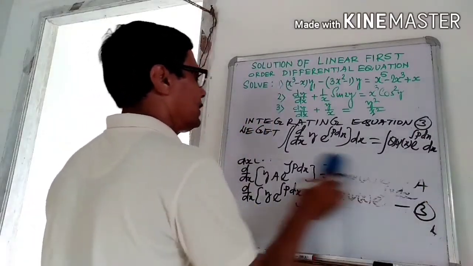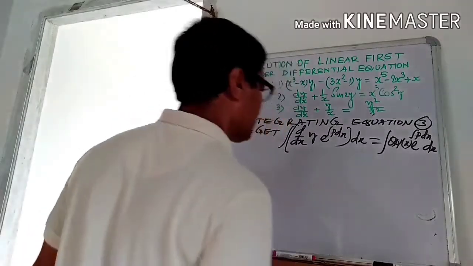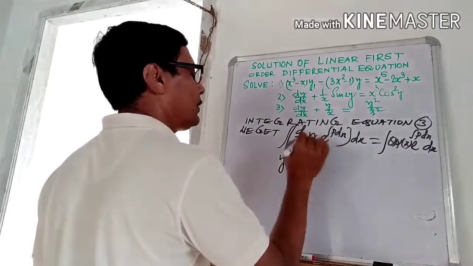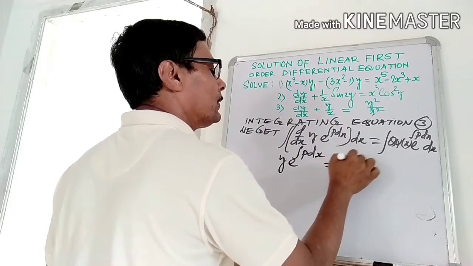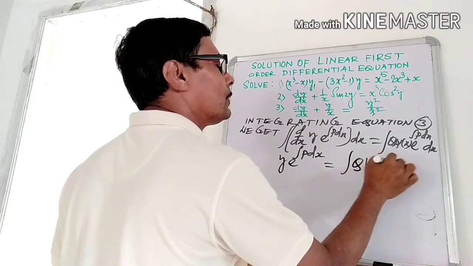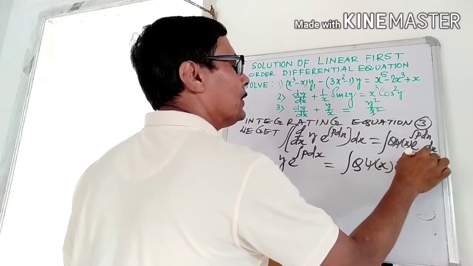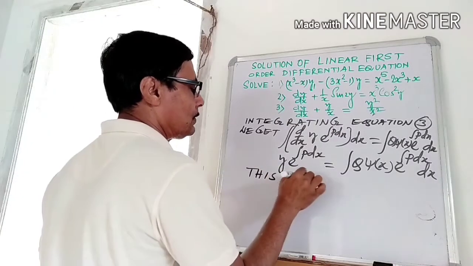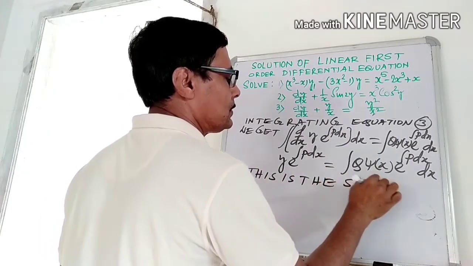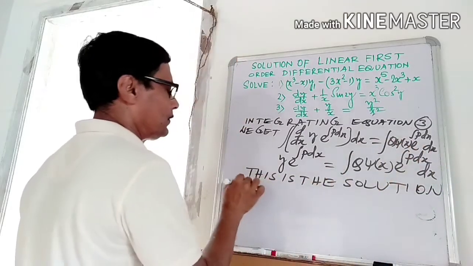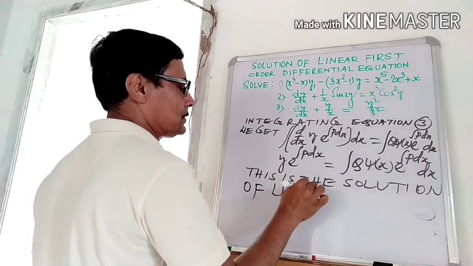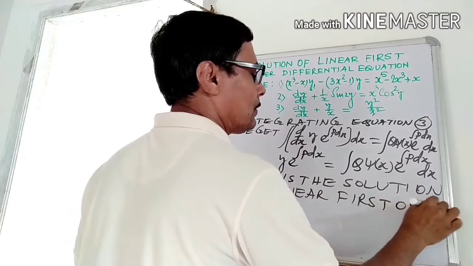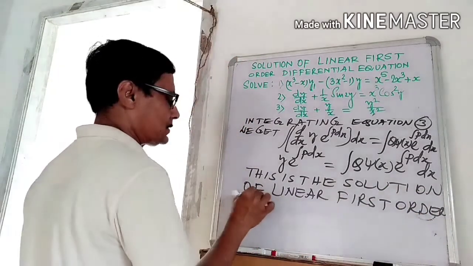So after integration we get y e to the power integration p dx = integration of q e to the power integration p dx dx. This is the solution of linear first order differential equations.